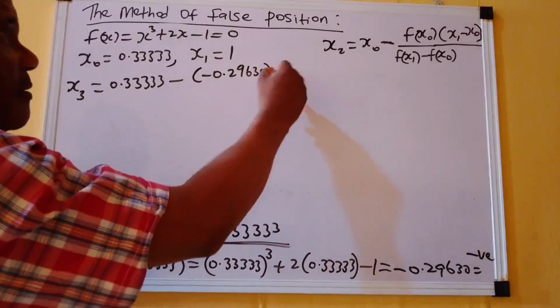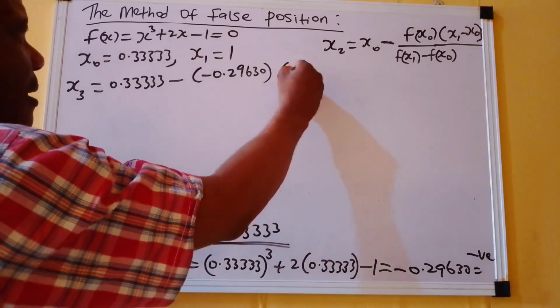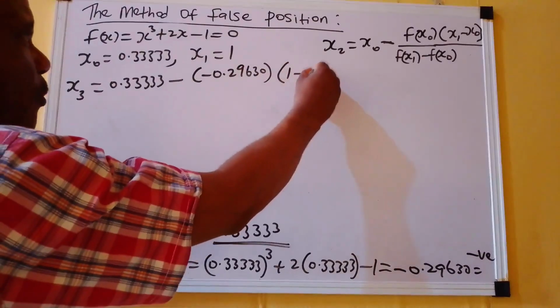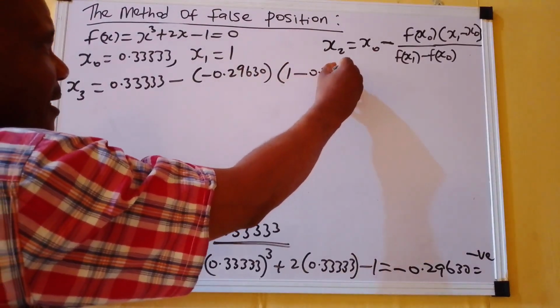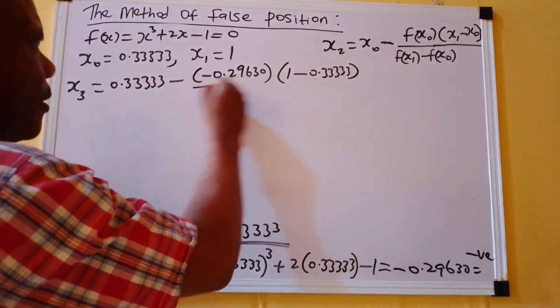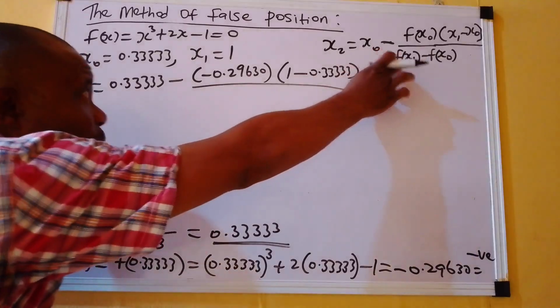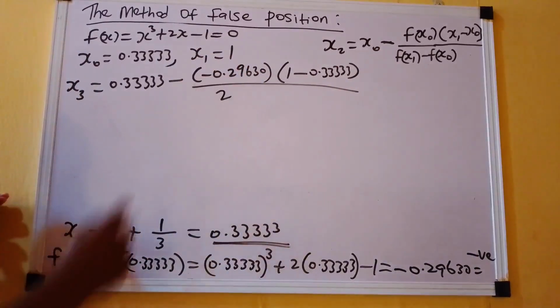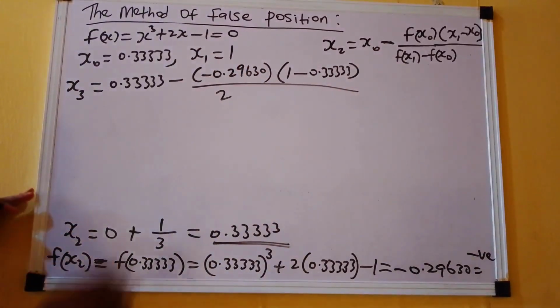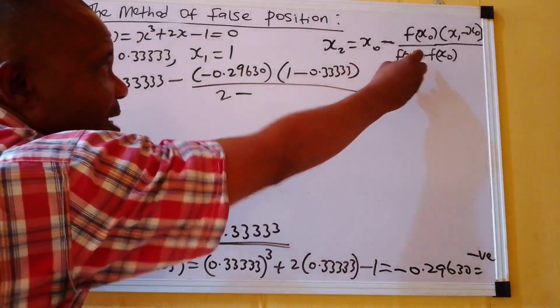Then you now have your x1 is 1 minus your x0 minus 0.33333. Then all over our f of x1, which is f of 1, is 2. We got it before. Then minus, there is a minus sign there.